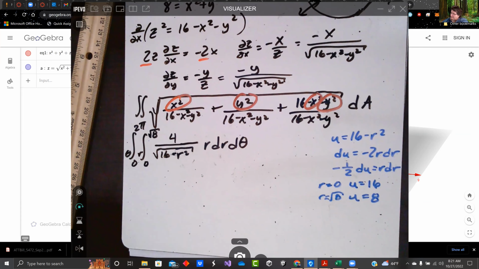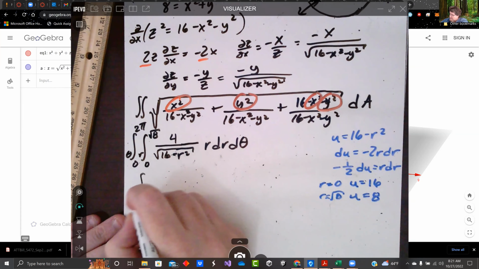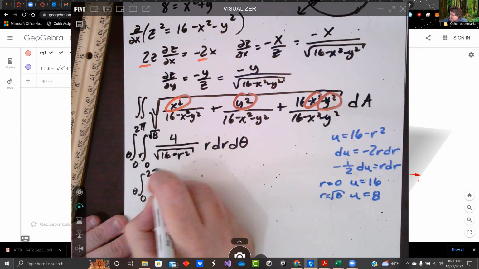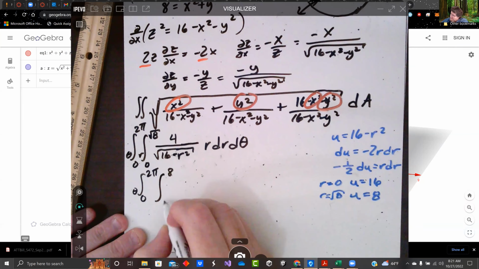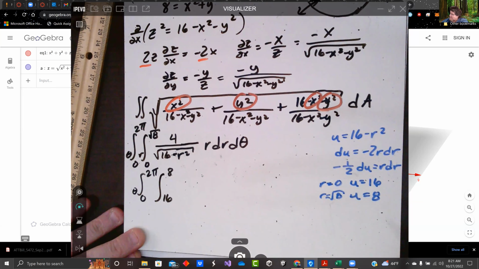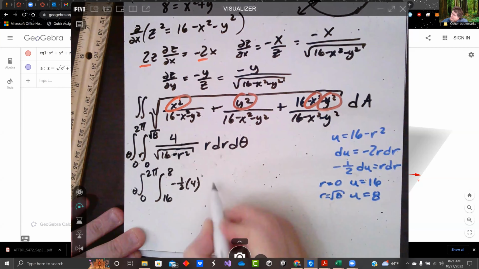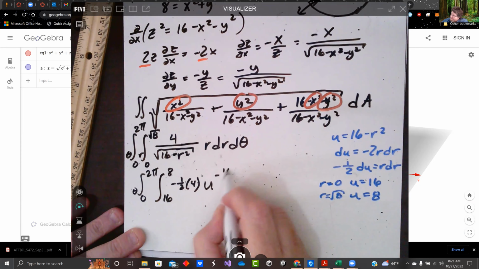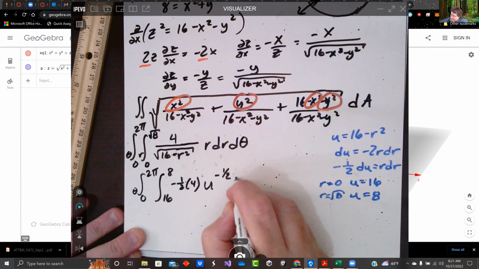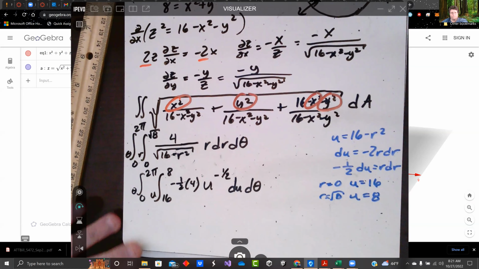That should be fun. And I got a -1/2 times the 4. Maybe I'll write it just so there's no confusion. And then I've got u to the -1/2 du d theta. And this is now in terms of u.